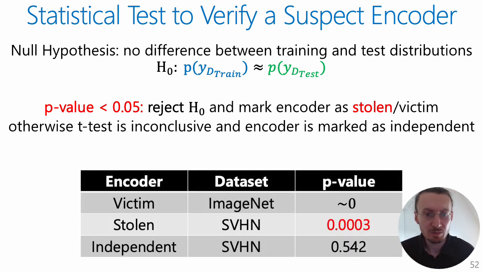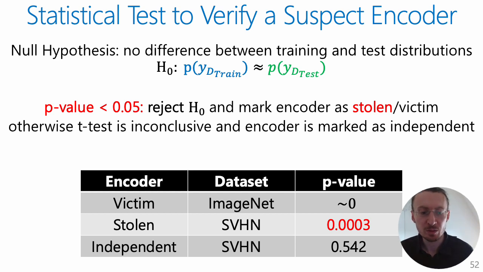Here in the table, we present our empirical evaluation. We observe that our test correctly assigns the p-value below the threshold of 5% for a stolen encoder, while the independent encoder has a p-value 10 times higher than the threshold of 5%, meaning that we don't have false positives.